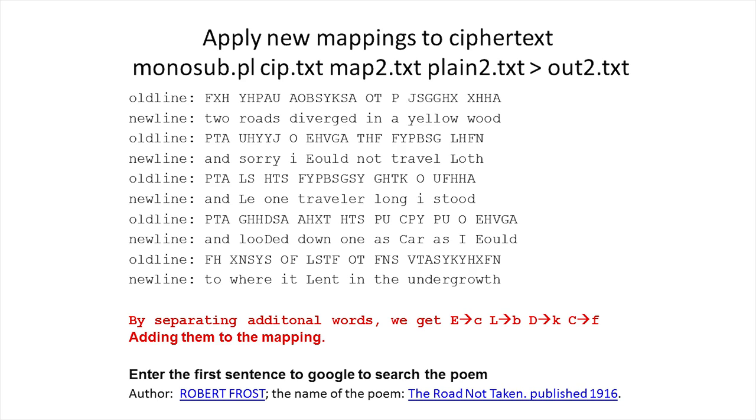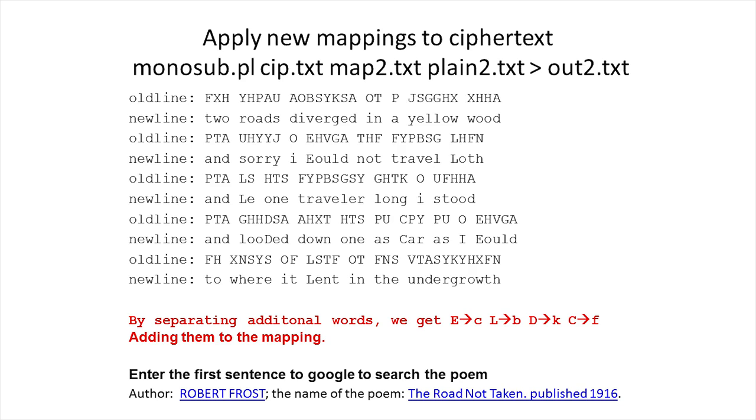Fourth line, last word, uppercase L-O-T-H, should be both based on the semantics of the sentence. Therefore, uppercase L in the ciphertext is mapped to lowercase plaintext b. Eighth line, second word, is L-O-O uppercase D, E-D.